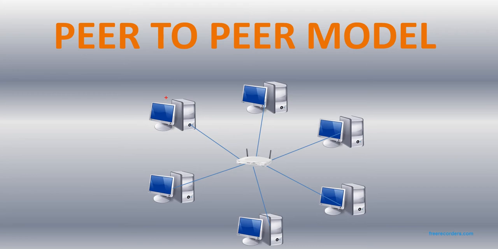Let's say that this computer here has some information that other people need access to. Well, he can share that information, and other people using the computers can access that info across the network. Okay. In this instance, this computer is acting like a server.